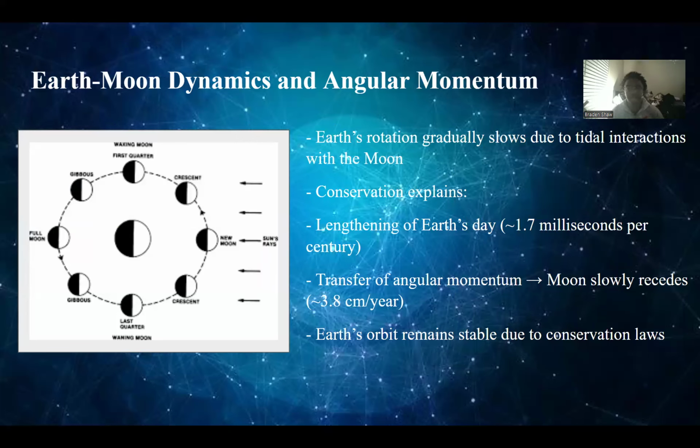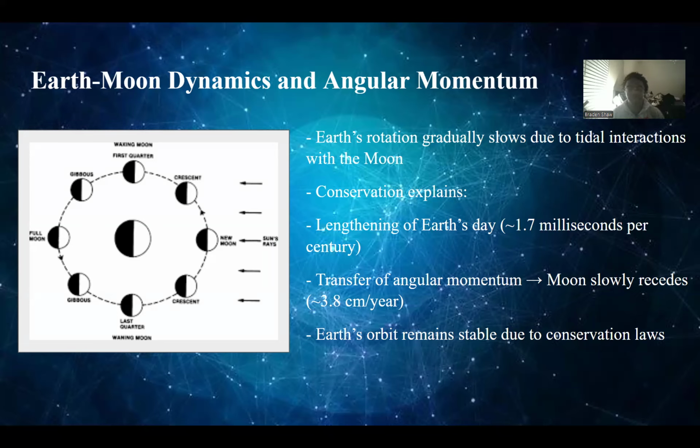Now let's connect conservation of angular momentum to the Earth-Moon system. Earth's rotation is gradually slowing down because of the tidal interaction with the moon. As the Earth's rotation slows, angular momentum is transferred to the moon, causing the moon to slowly move further away, about 3.8 centimeters per year.